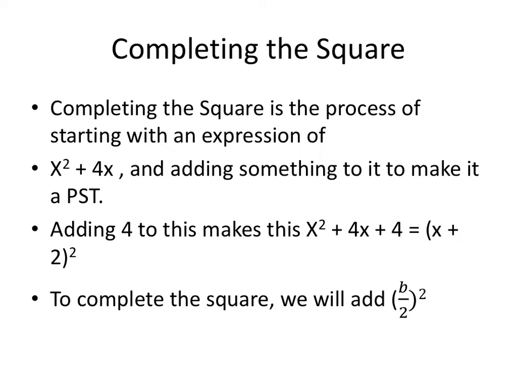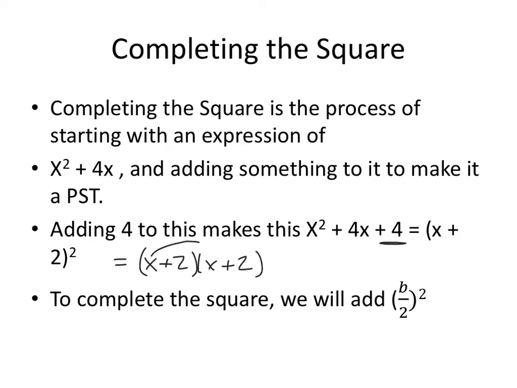Completing the square is a process of starting with an expression like x squared plus 4x and adding something to it to make it a perfect square trinomial. So adding 4 to this makes this x squared plus 4x plus 4, there's the adding of 4, which now would factor to be x plus 2 squared, which again means the same thing as x plus 2 times x plus 2.